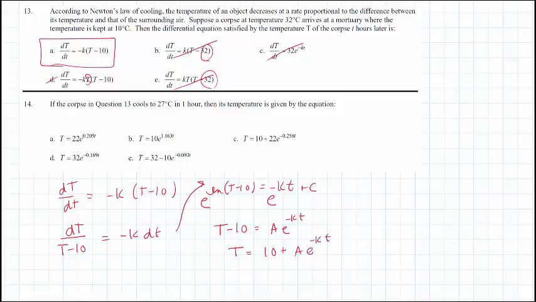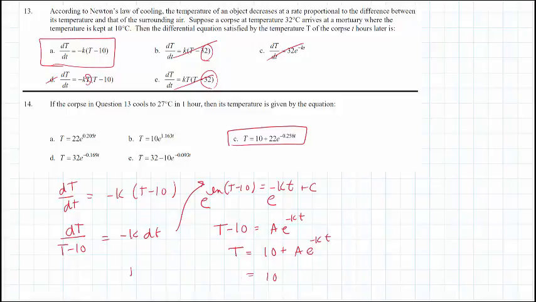Now you'll see right away that only answer C fits that general form. Now, in order to find out what 22 is and why it's 22 and negative 0.258, we're going to take our initial conditions, which is at time equals 0.